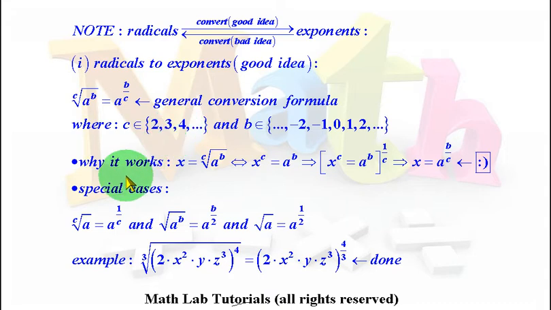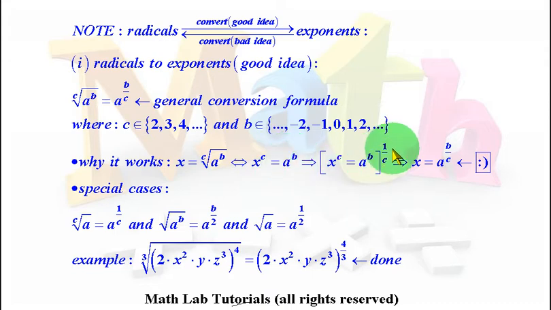Now, why does it work? If we let x be equal to the cth root of a to the power b, that's equivalent to x to the power c equals a to the power b. That's by definition of the cth root. So now we have x to the power c equals a to the power b.